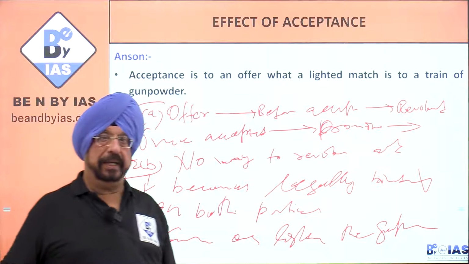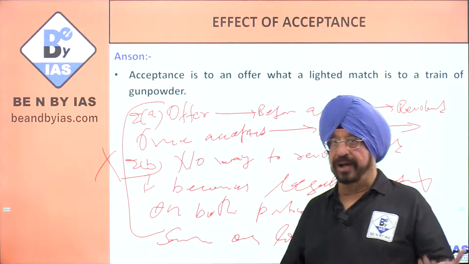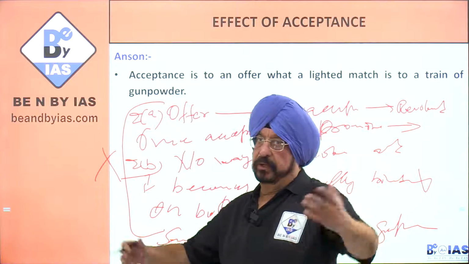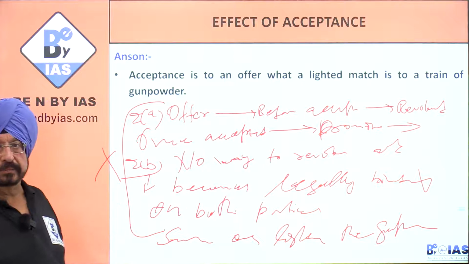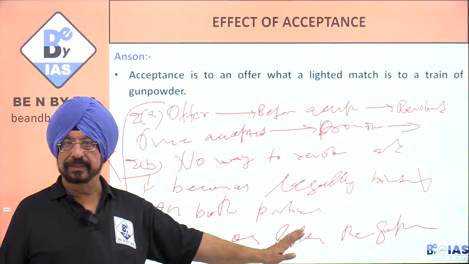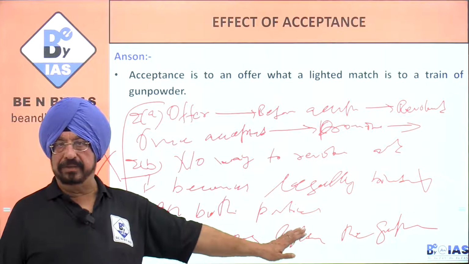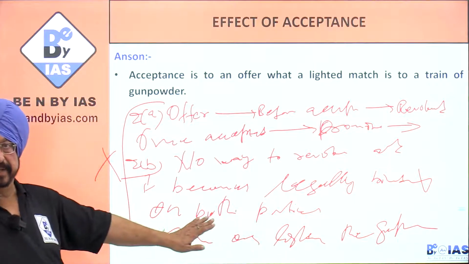Now tell me, some of you ask me, sir, we don't get answer writing practice. Arey bhai, then what is this? The rest of the thing you have to write. I can't write answers on your behalf in the civil services examination, in the examination hall.